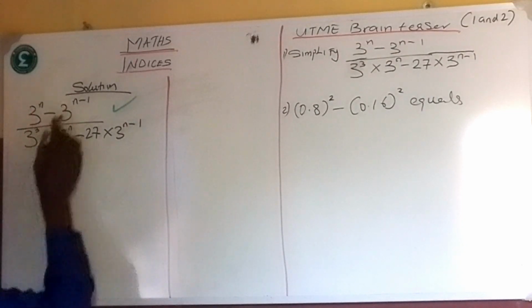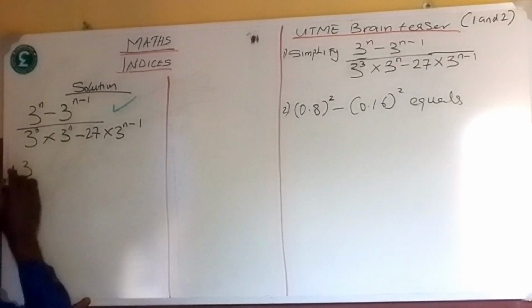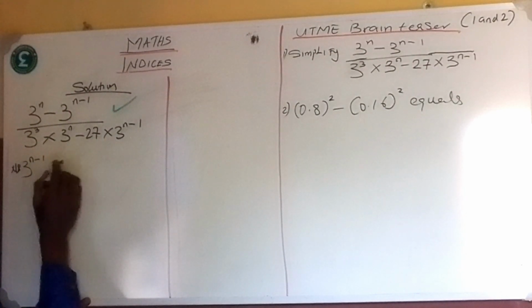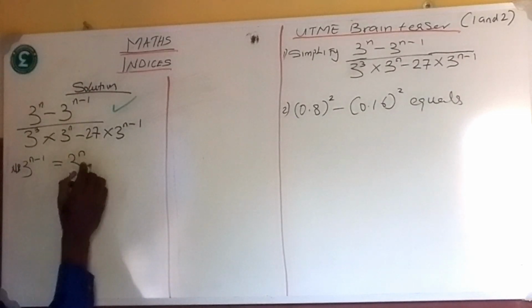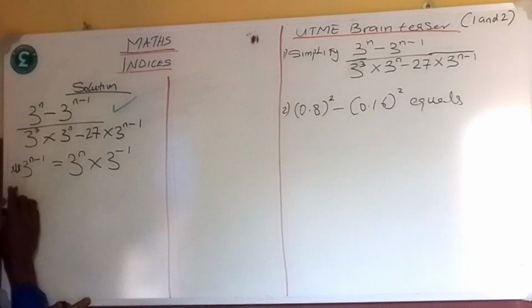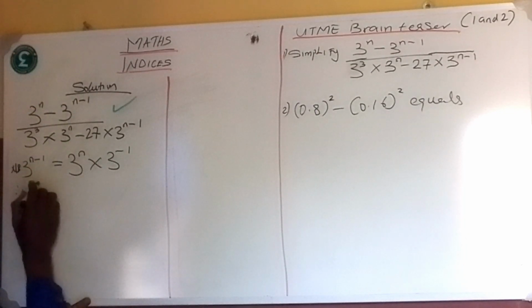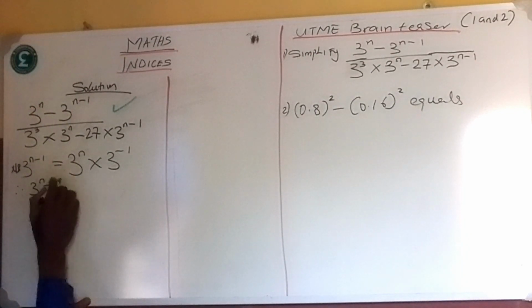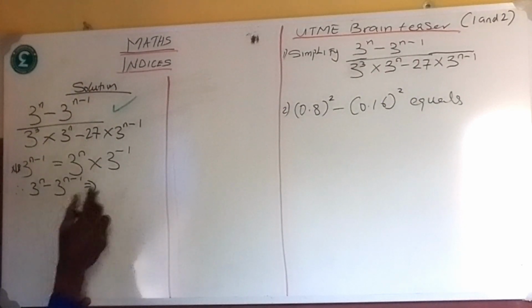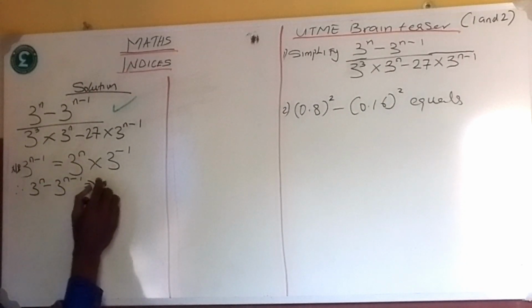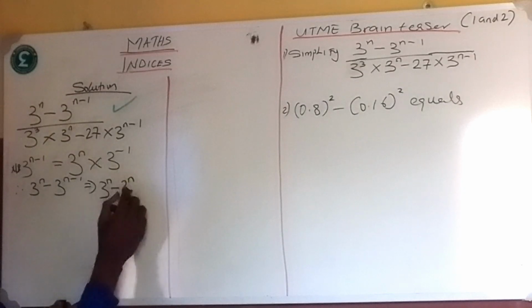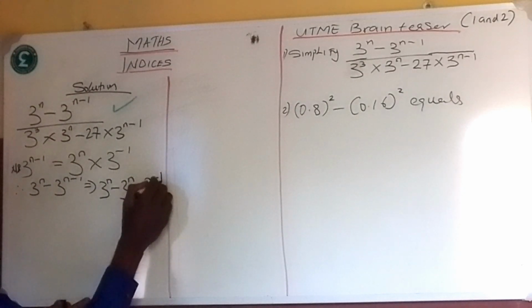Note that 3 to the power of n minus 1 is the same thing as 3 to the power of n times 3 to the power of minus 1. Therefore, 3 to the power of n minus 3 to the power of n minus 1, which is this numerator, is equal to 3 to the power of n minus 3 to the power of n times 3 to the power of minus 1.